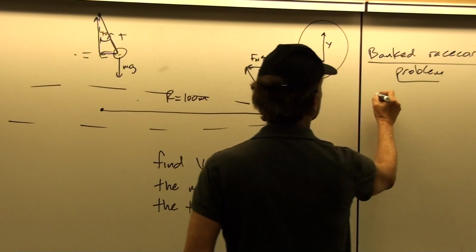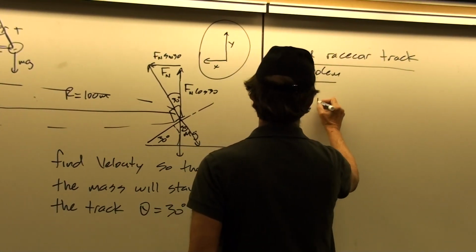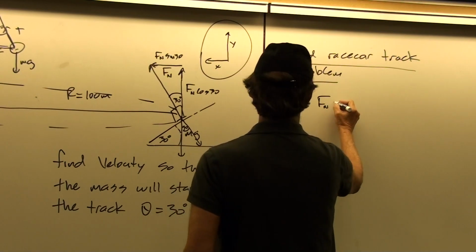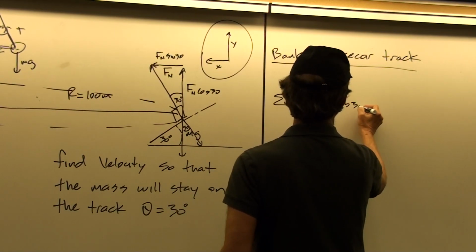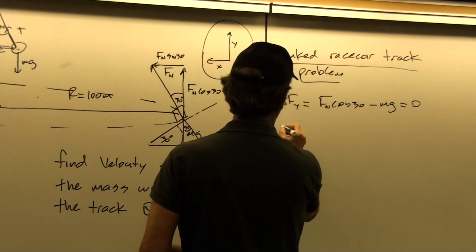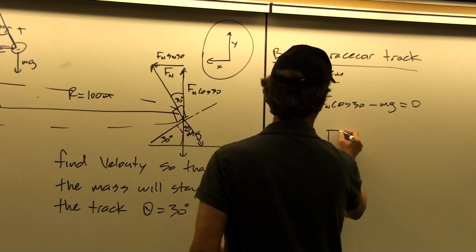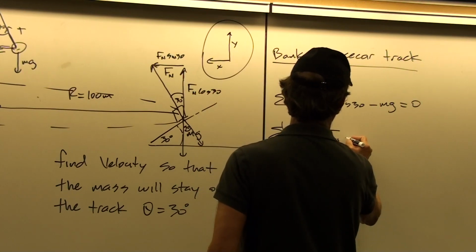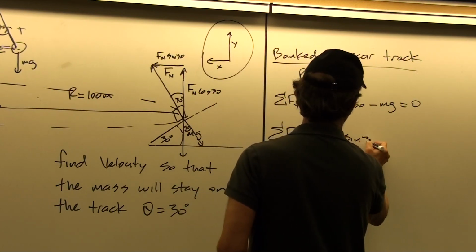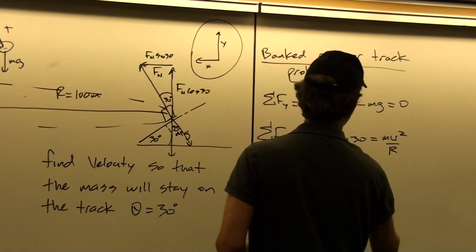And then we could say that the sum of the y forces is equal to Fn cosine 30 minus mg. That's equal to 0. And then the sum of the x forces is going to be F normal sine 30 equals mv squared over r.